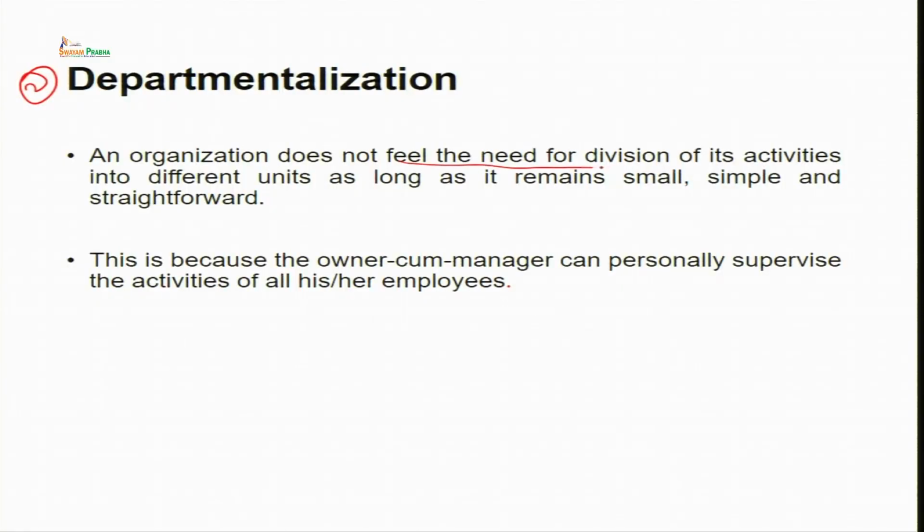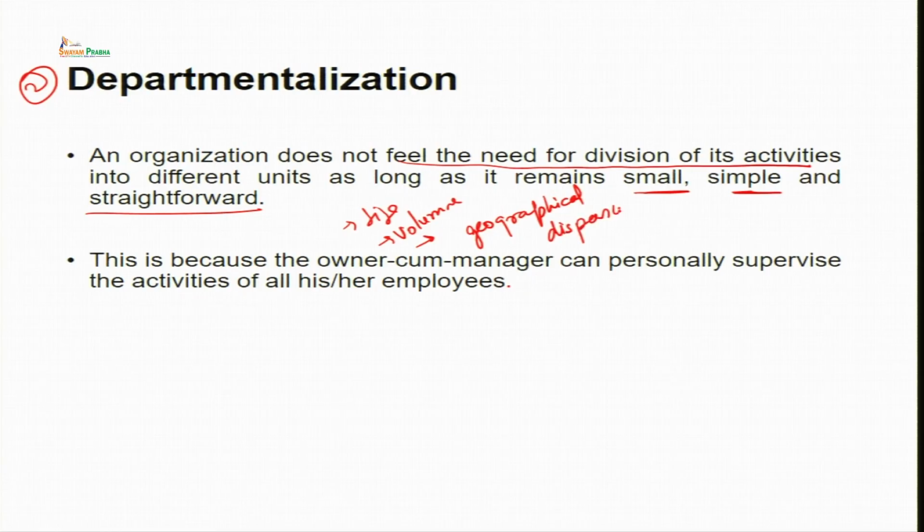The organization does not feel the need of division of its activities into different units as long as it remains small, simple and straightforward. Then we only have one or two departments. But with the increase in organizational size, organizational volume of activities, or maybe geographical dispersion, we need to go for departmentalization.